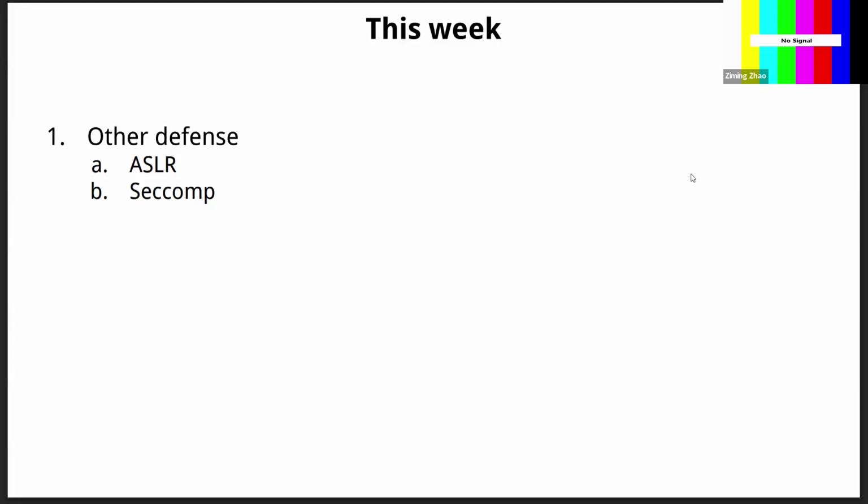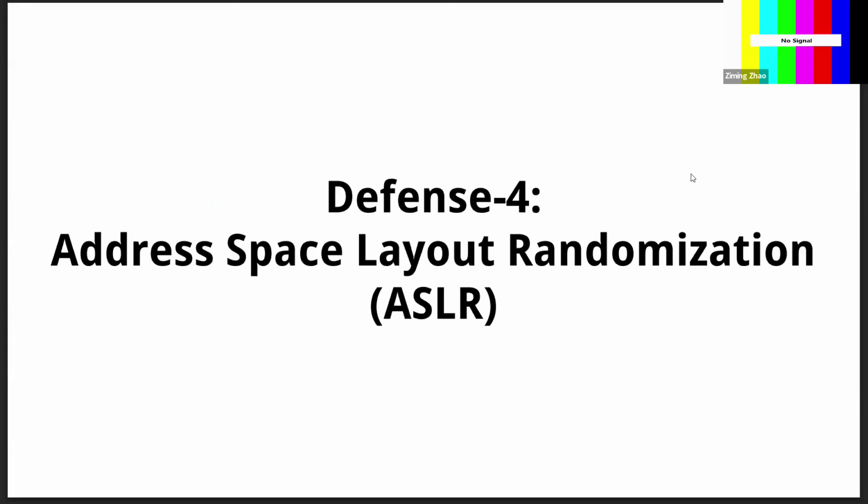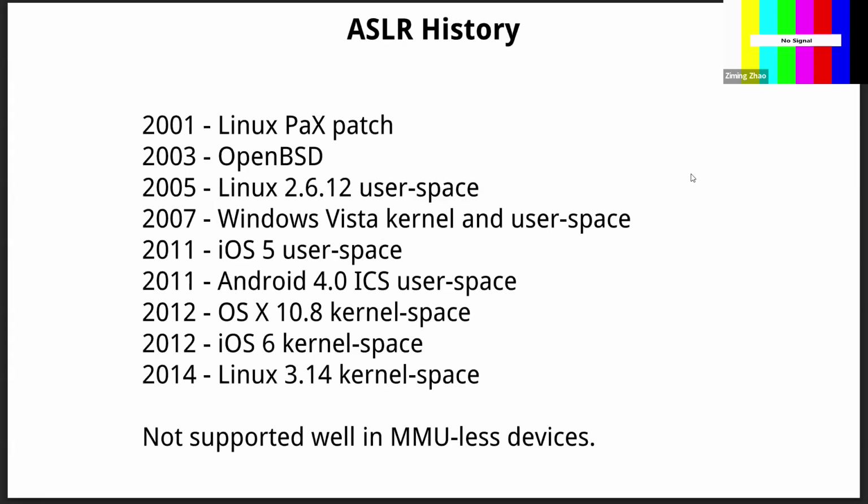So ASLR first. ASLR is short for Address Space Layout Randomization. A little bit of history of this. It started as a Linux patch in 2001. Then OpenBSD picked it up in 2003.